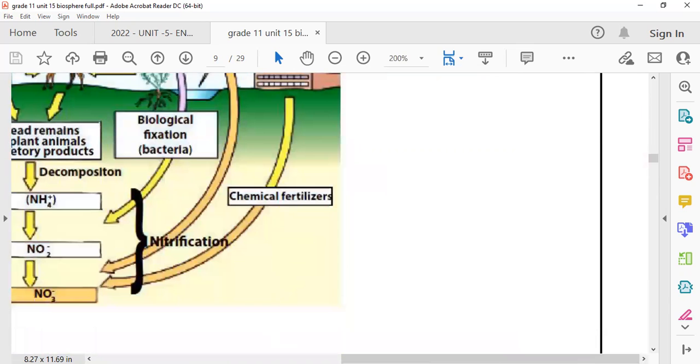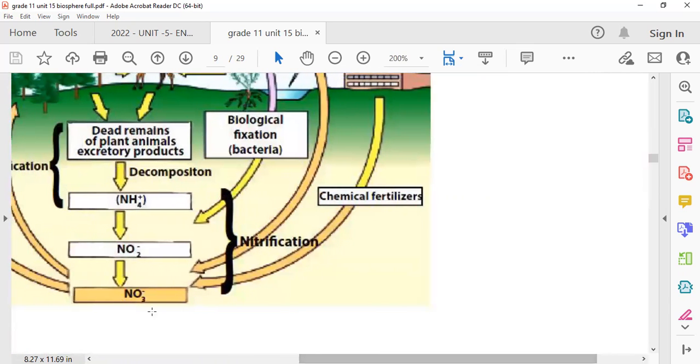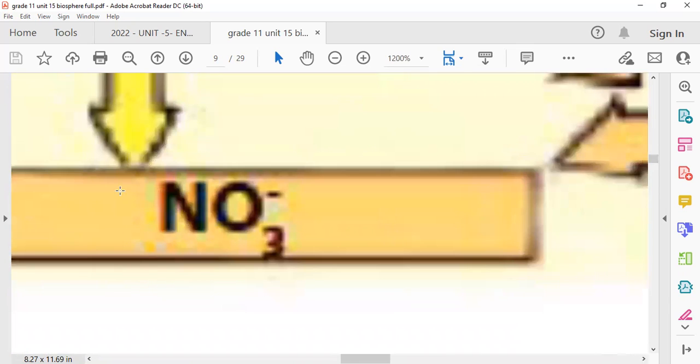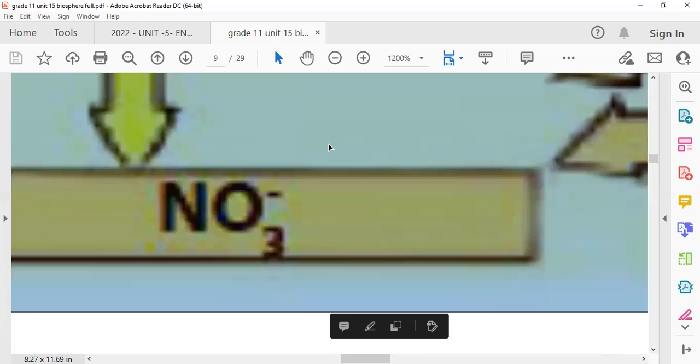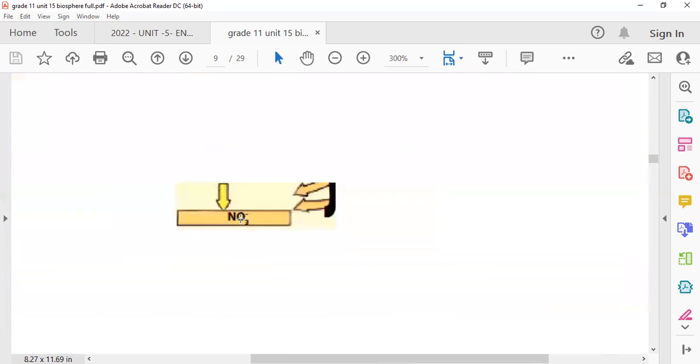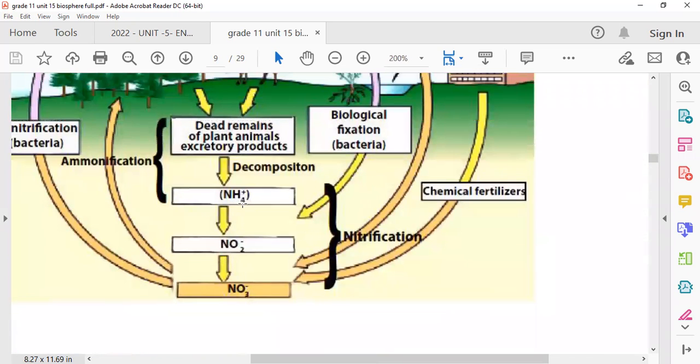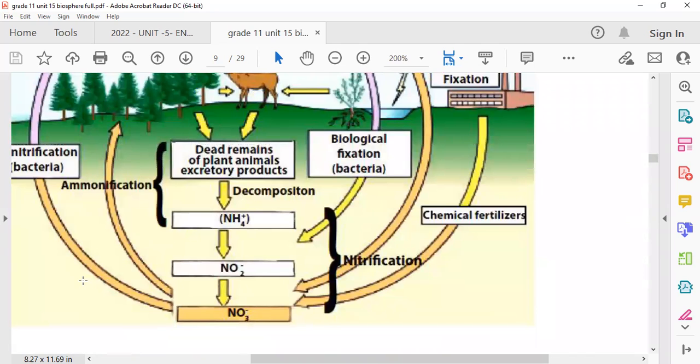In the chemical fertilizer, there are nitrate ions made by humans. These kinds of fertilizers are the ones banned nowadays in Sri Lanka. So, when you add chemical fertilizer to the soil, the soil receives nitrate ion.